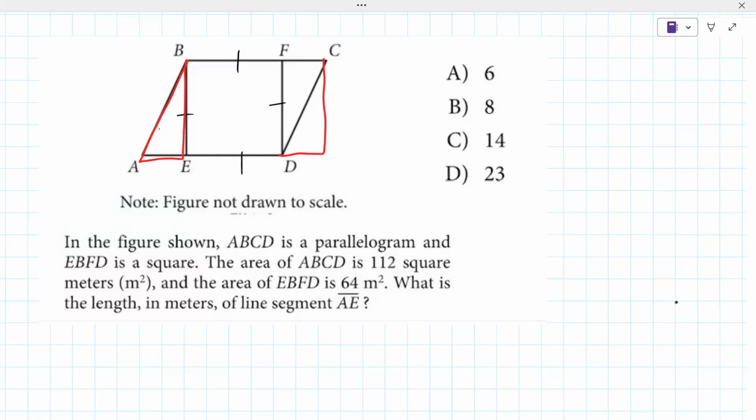I'm gonna be right back in 30 seconds and I'll work through this together. Okay, I think I have an answer.